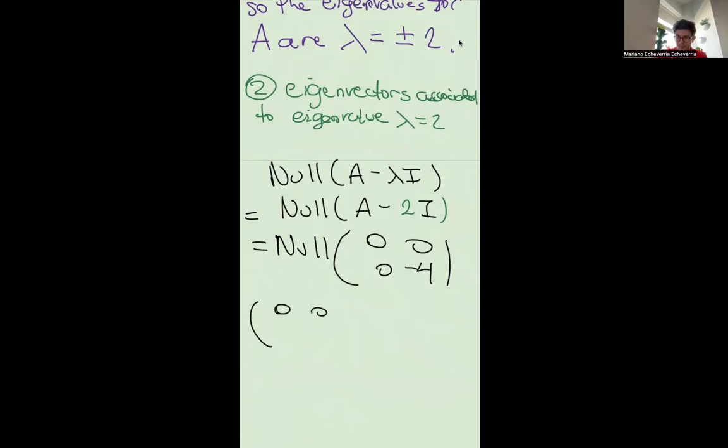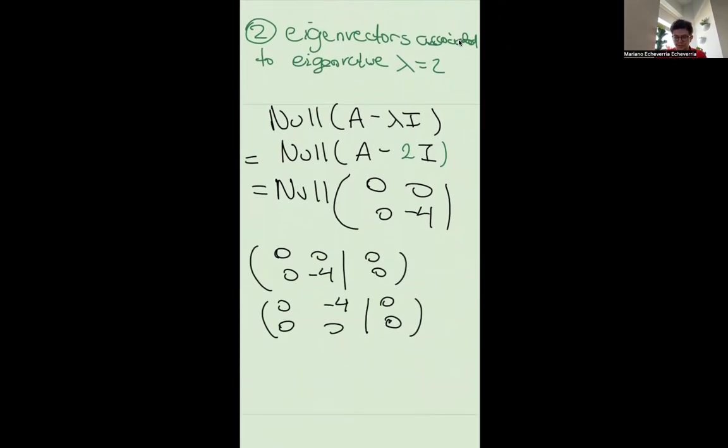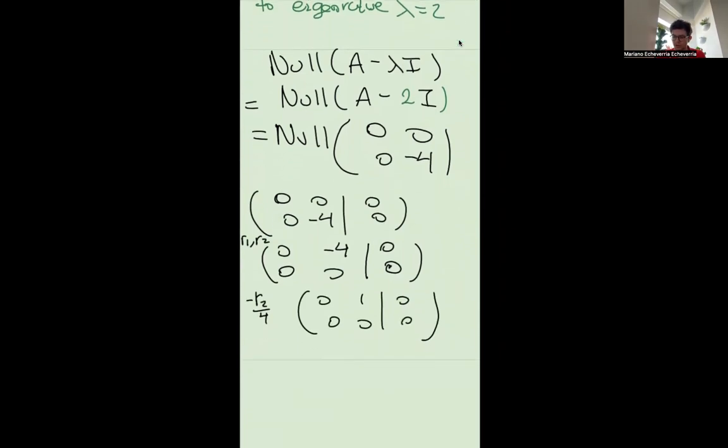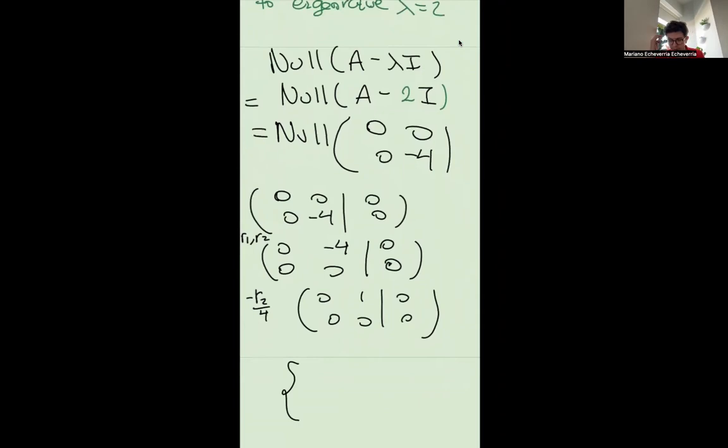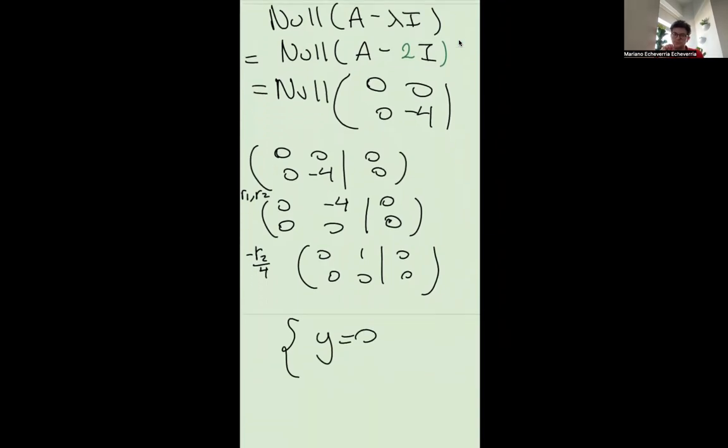If you want, not that it's necessary, you can swap the column and the rows, and then you can do minus row 2 over 4. So if you look at this, it just says that y equals 0, right?